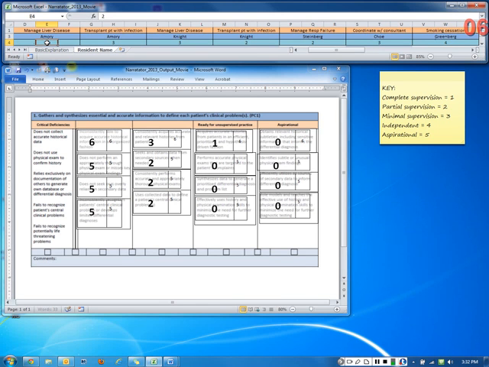If this were a senior doing things mostly with minimal supervision, independently or possibly even aspirationally, we will see a different output on the subcompetency. So I'm going to go through and pretend like this person is getting mostly independence with an aspirational management of liver disease.